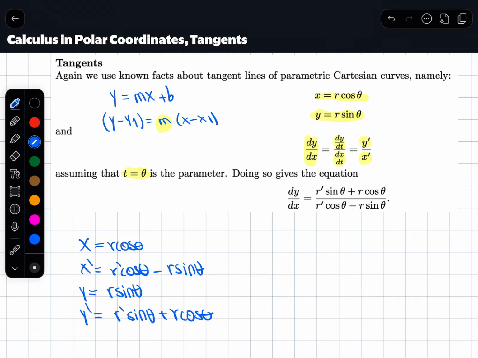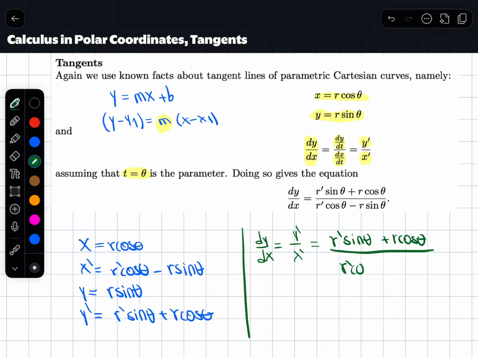So when you try and do dy dx equals y prime over x prime now, you're simply writing r prime sine theta plus r cosine theta, all of that over r prime cosine theta minus r sine theta.